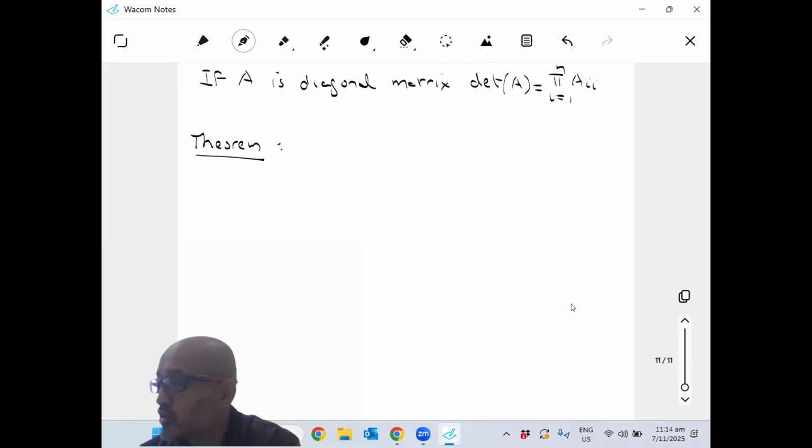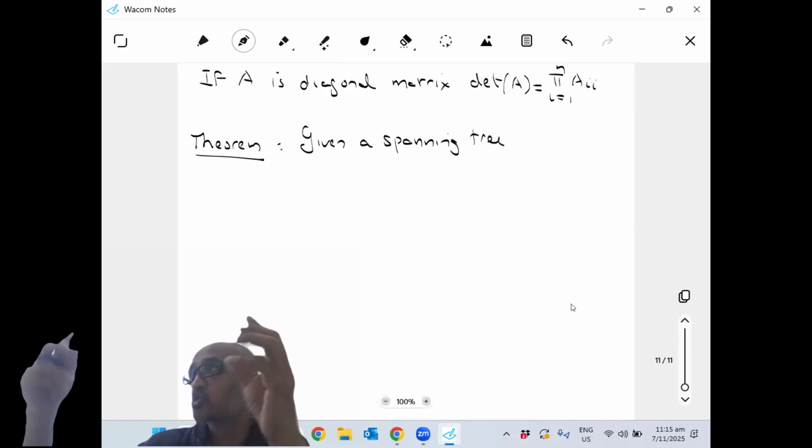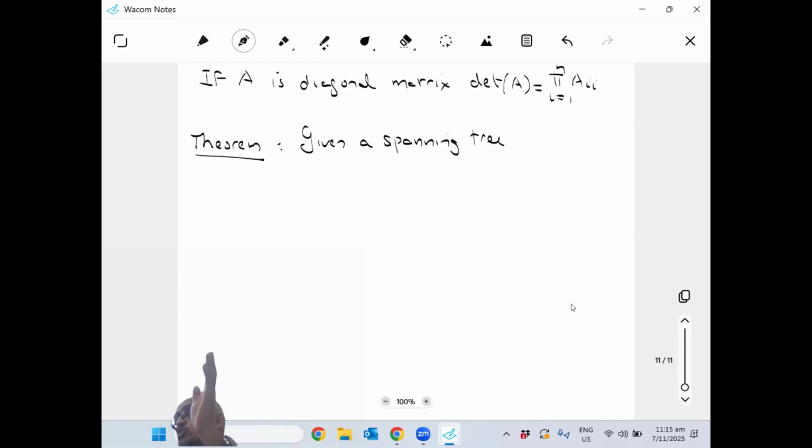Basically, given a spanning tree, so what we just saw when we solved those equations in the example, I showed you a tree and I showed you there's a unique solution.